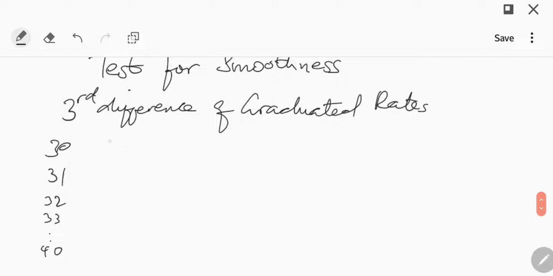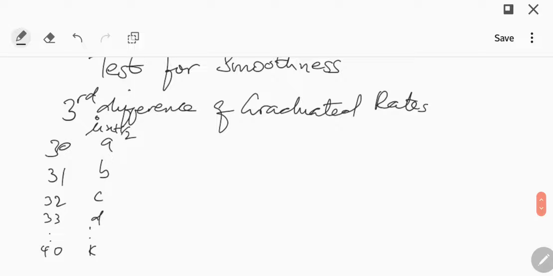I got some graduated rates A, B, C, D, and so on up to K. These are the set of graduated rates, which I call mu x plus 1 over 2. Based on the graduation model which I've used, whether it's a Poisson model, I got the graduated rates like this.